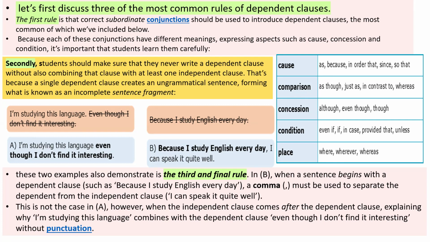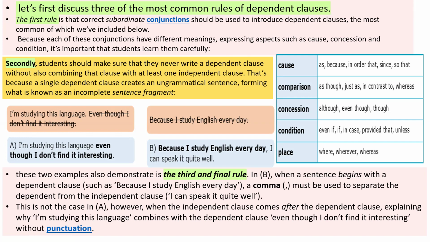Concession: although, even though, though. Condition: even if, in case, provided that, unless. Place: where, wherever, whereas. Kindly watch the subordinating conjunction video, which is already uploaded on my channel. This is the reason I am constantly saying so, which will help you distinguish between coordinating and subordinating conjunctions.